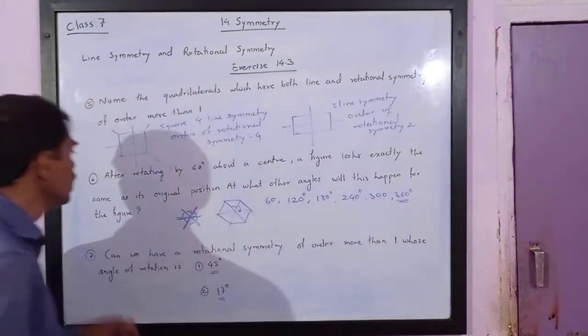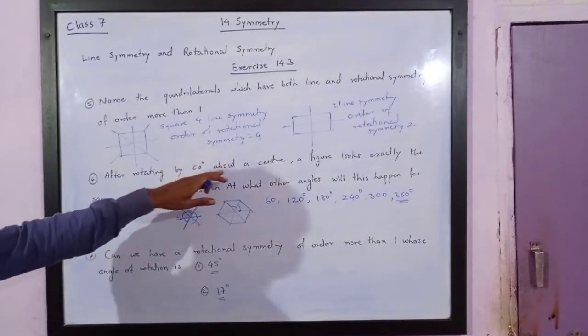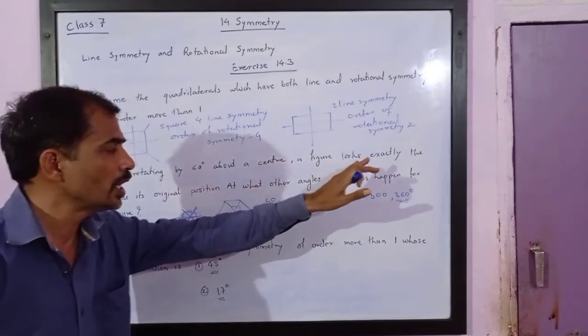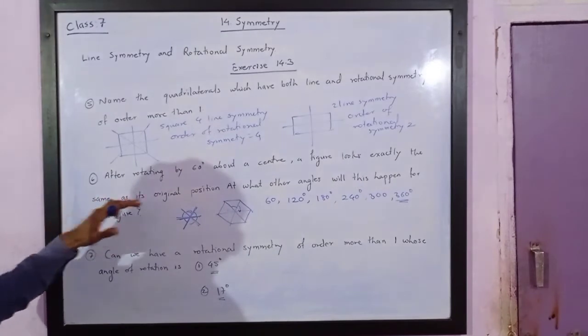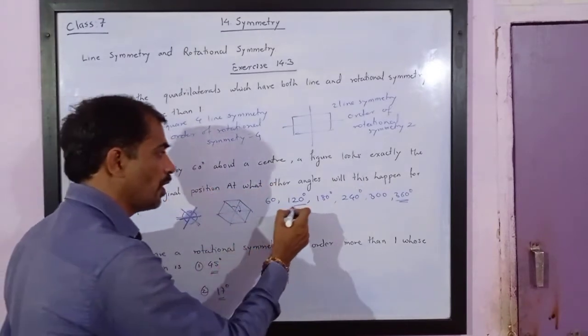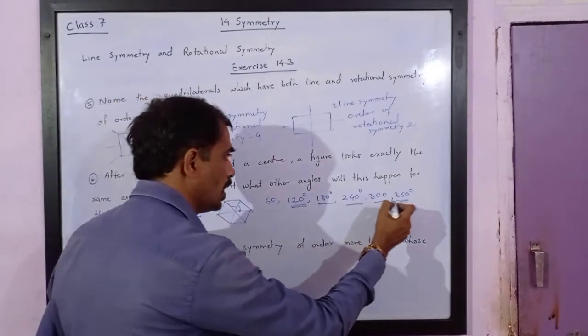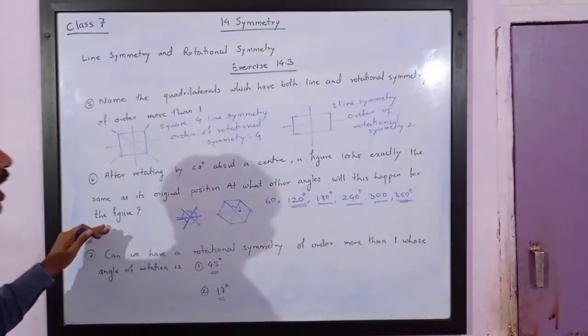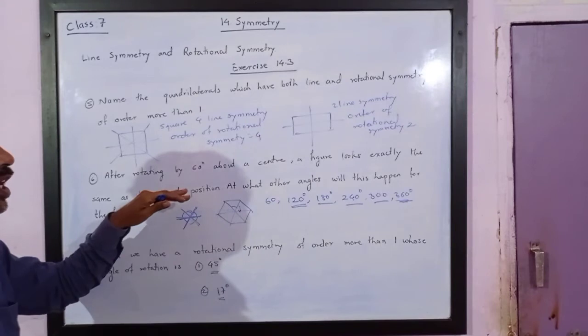See the question: after rotating by 60 degrees about a center, a figure looks exactly the same as its original. At what other angles? The other angles are 120, 180, 240, 300 and 360. The figure will look like the original position.